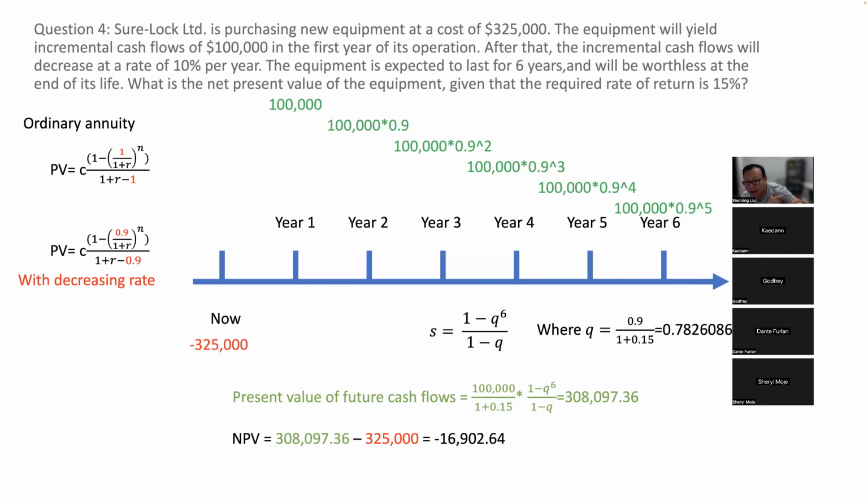The reason I know all these formulas really well is that I can derive them by myself, so I know where each number is coming from. That's why I'm presenting this modified version of the ordinary annuity. It's important you memorize that one. Does anyone have any questions on this question?